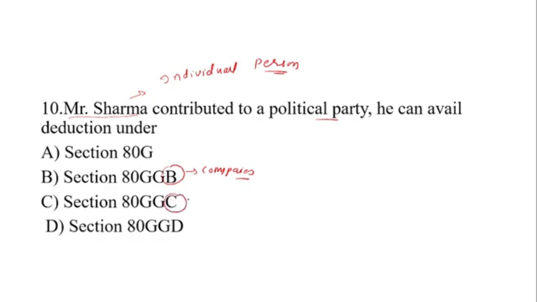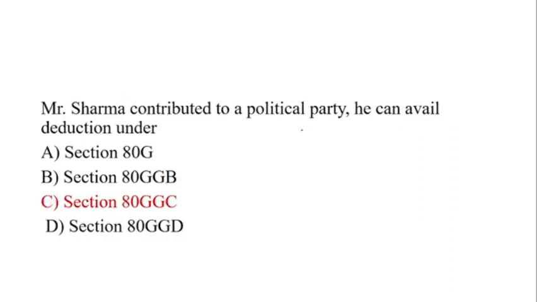Section 80GGC is for an individual person, so option C is the correct answer. If the question talked about a company, then option B would be correct. But here the question is about Mr. Sharma, an individual person, who contributed to a political party, so he will get a deduction under section 80GGC. Here is the right answer.